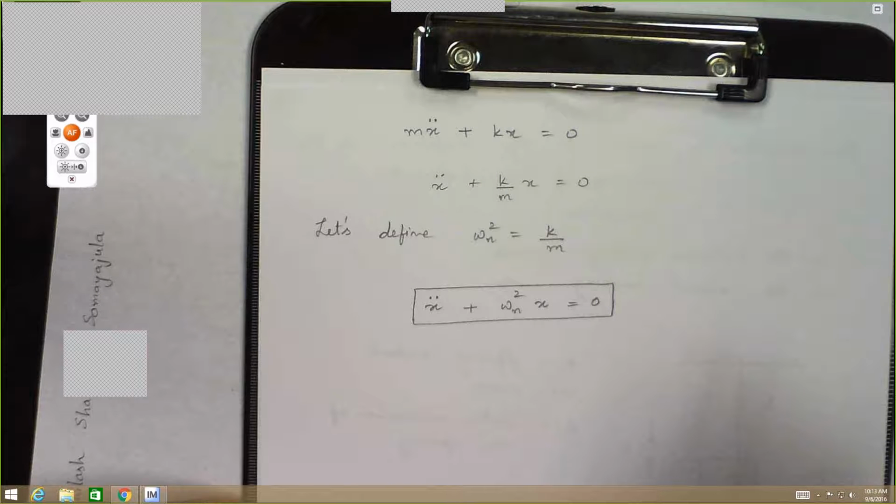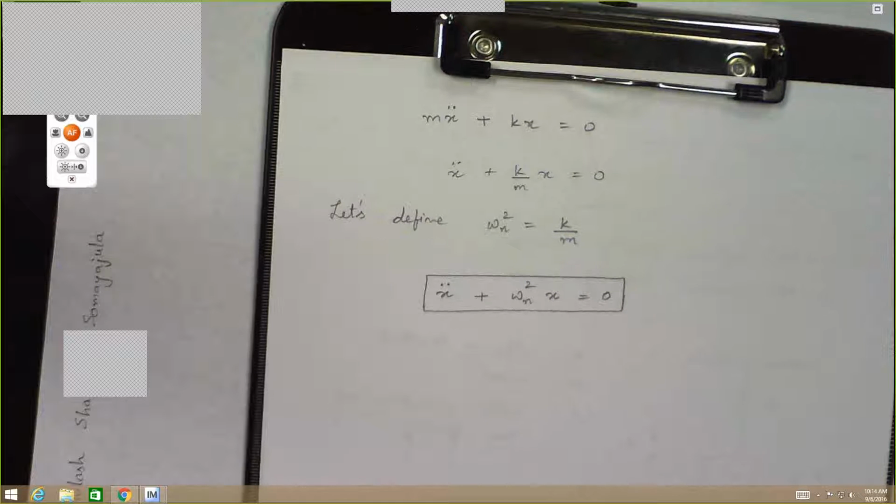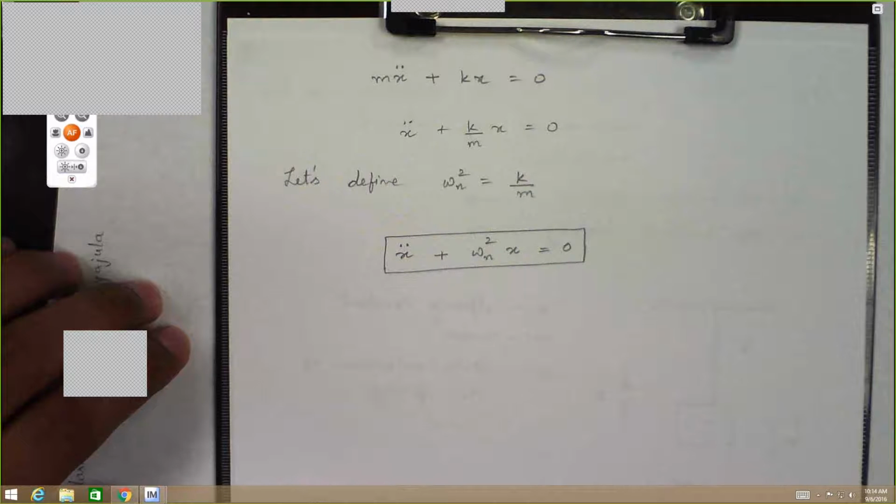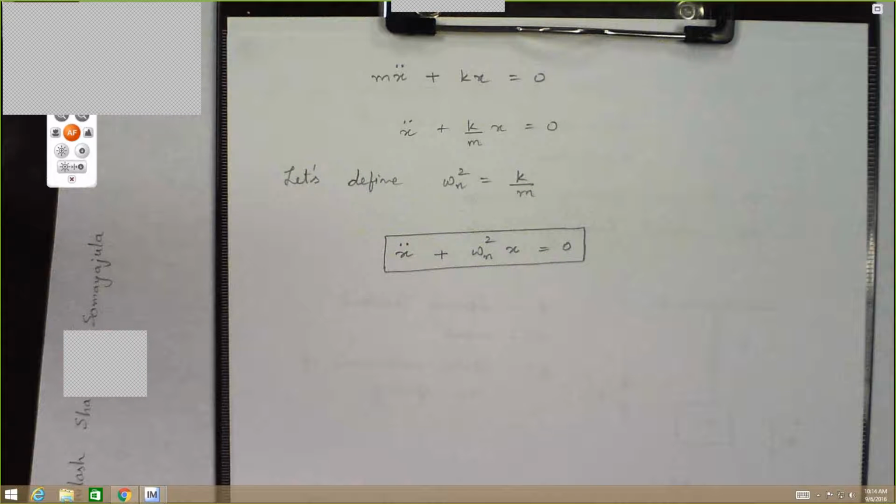Does this equation seem familiar to you guys? Yes. Where did we see it? Yes, you're right. When we saw harmonic motion, we wanted to find the governing differential equation. We found that it was an equation very similar to this.